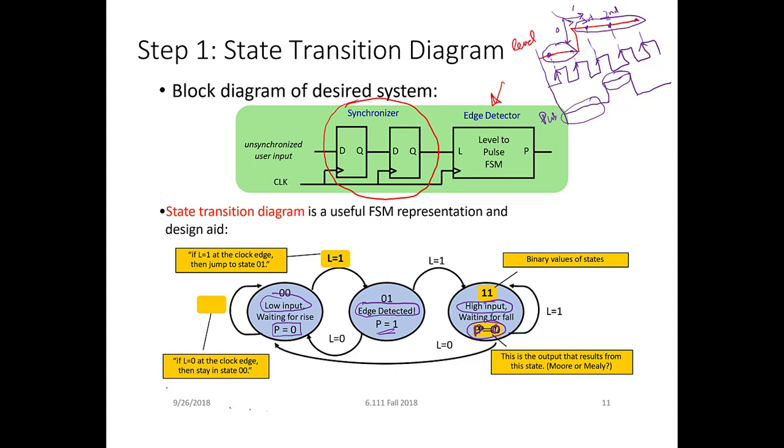So what happens if we are at the input is low state? The output level is 0. Imagine this is our first clock cycle, this is our second clock cycle, this is our third clock cycle, fourth and fifth.